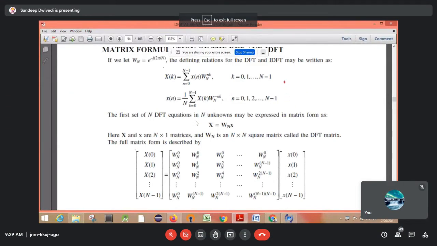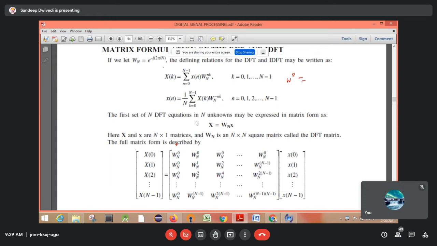So how to find out these twiddle factor values? See here, this is W raised to power Kn.